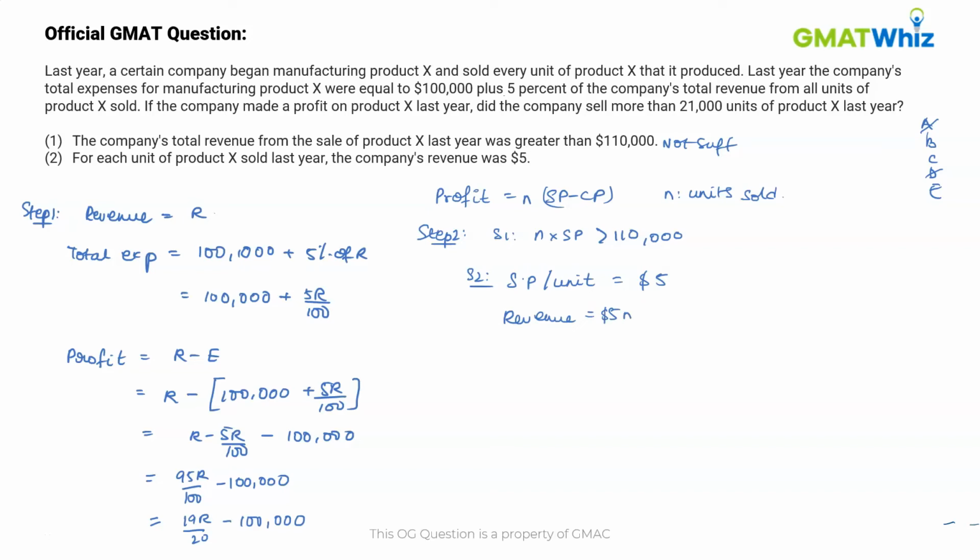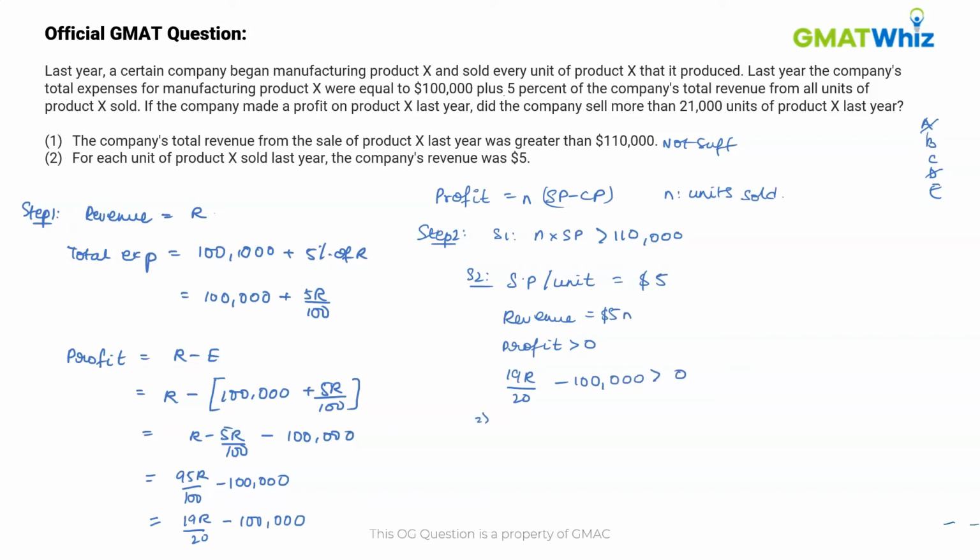Now, the question tells us directly that the company did make a profit last year. So, the profit will obviously be greater than 0. Then, substituting the value of profit that we deduced in step 1, we have 19R by 20 minus 100,000 greater than 0.